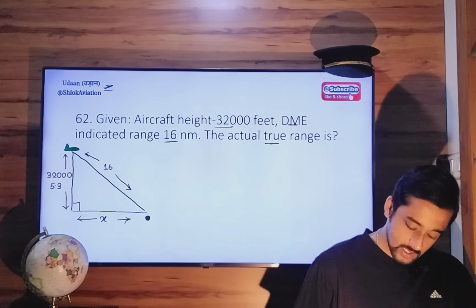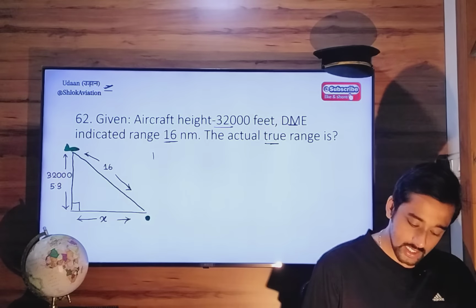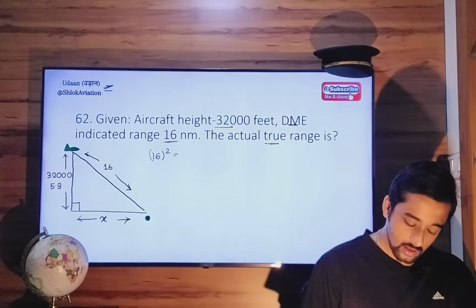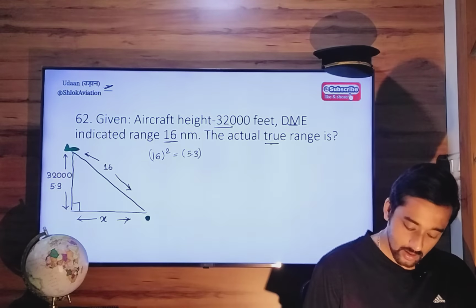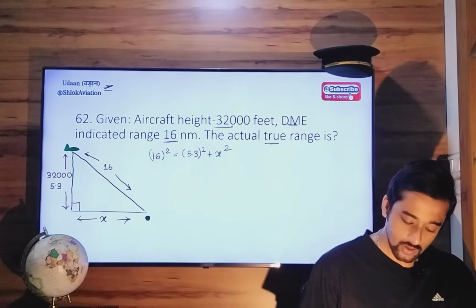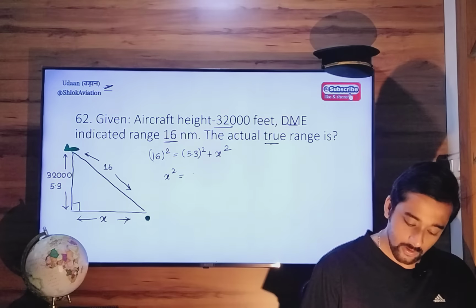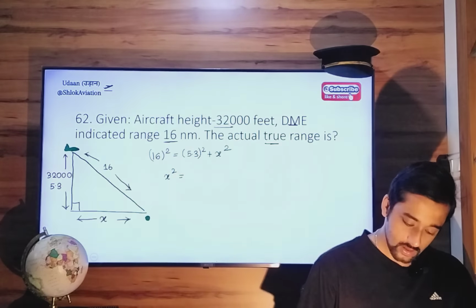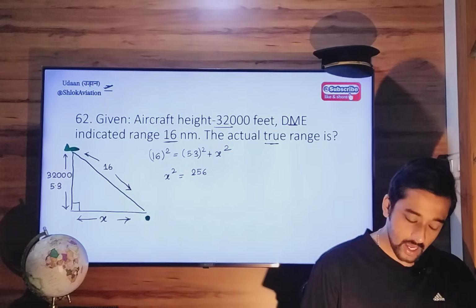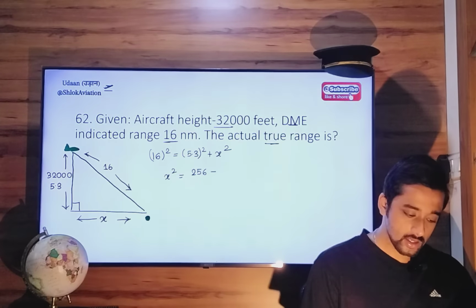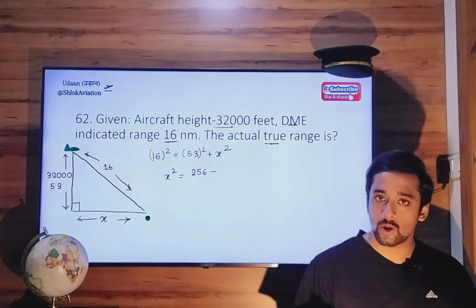So this is a Pythagoras theorem. Let's apply the formula. 16 square is equal to 5.3 square plus x square. So x square is 256 minus 5.3 square, 28.09.